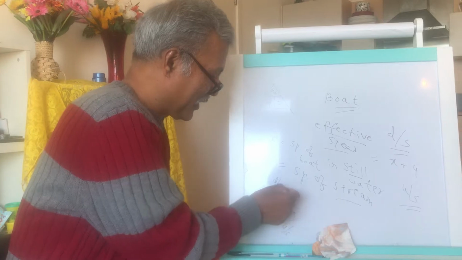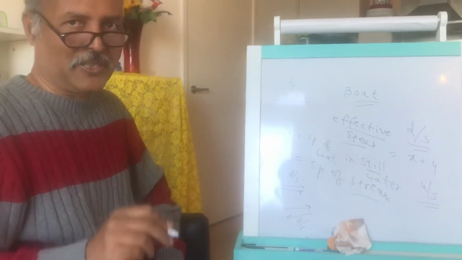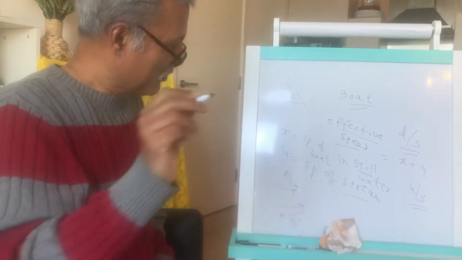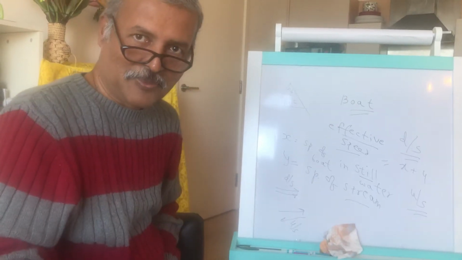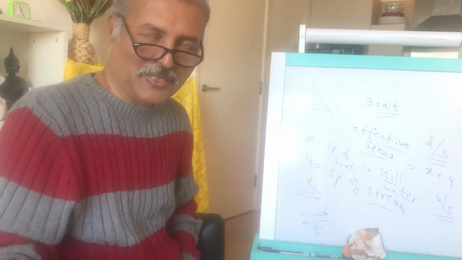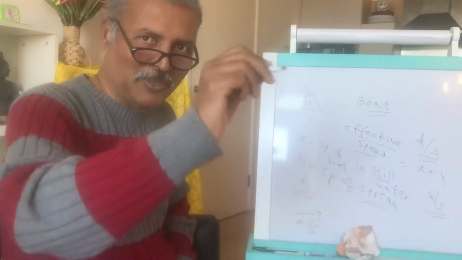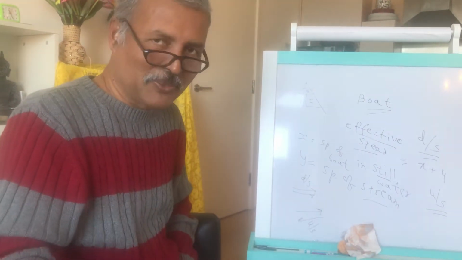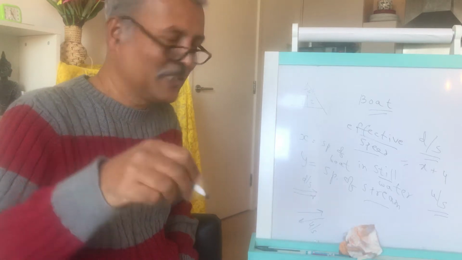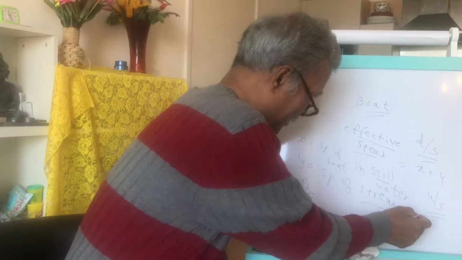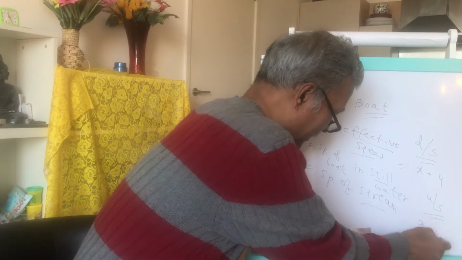Here you are going in the same direction, here you are going in the opposite direction. So it's understood that x is greater than y, because if x is lesser than y, then how can you move in the upper direction? You will go in the down direction only. And what happens if x and y are same? Okay. Now, effective speed will be x minus y.